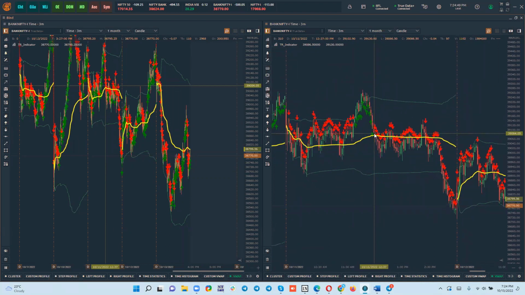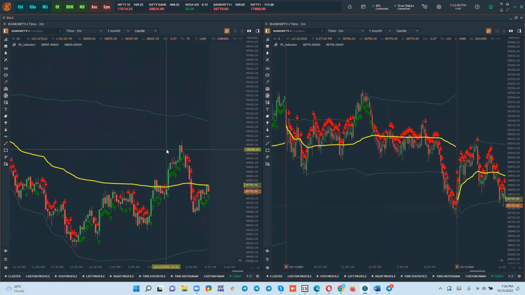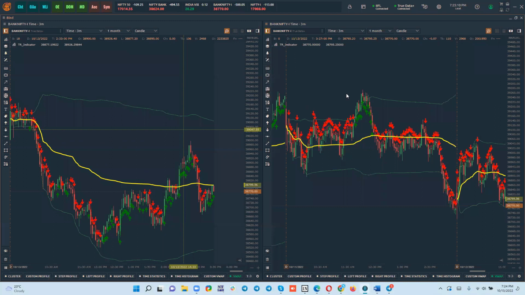So if you're able to get 3 to 5 times the profit on every trade, even if your success ratio is even 40%, you are going to be in a big positive trade. So I think I've clarified all the things that I need to explain.